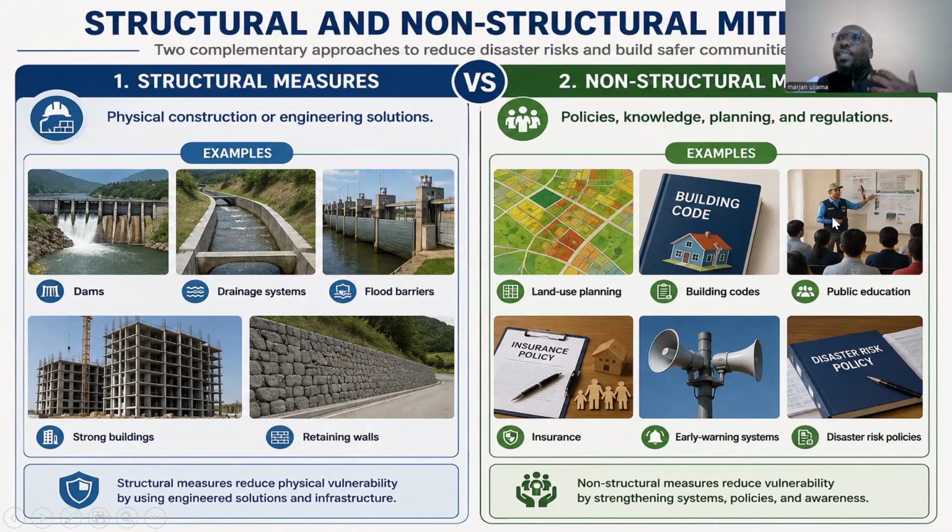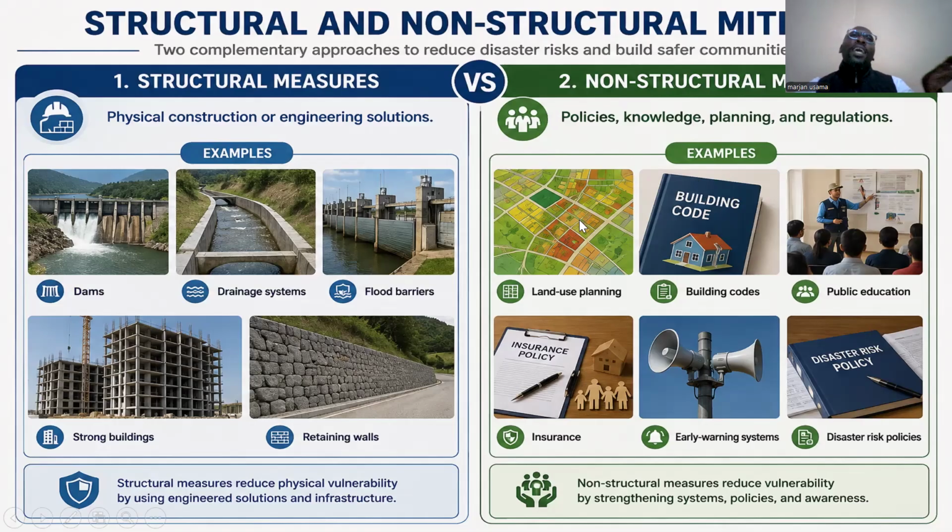We need to educate people about disasters and how they should prepare during a disaster. Building codes: the local government, before approving the construction of any house, has to ensure that there are building codes. Land use planning in every country is what is known as urban planning.